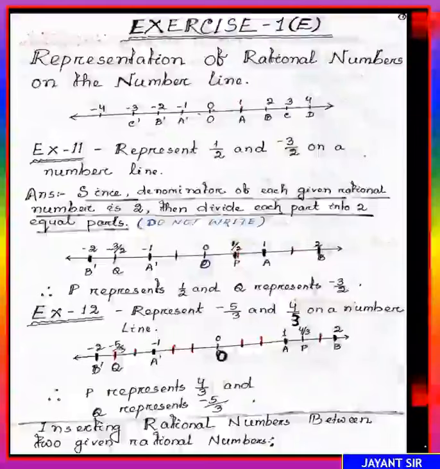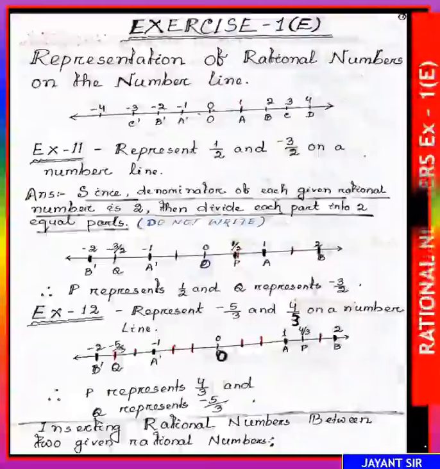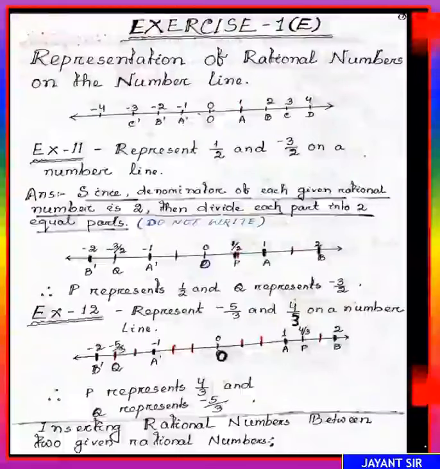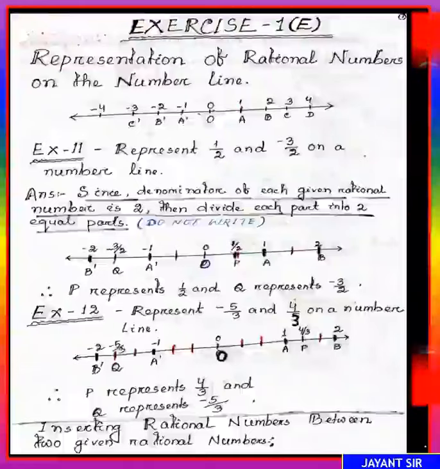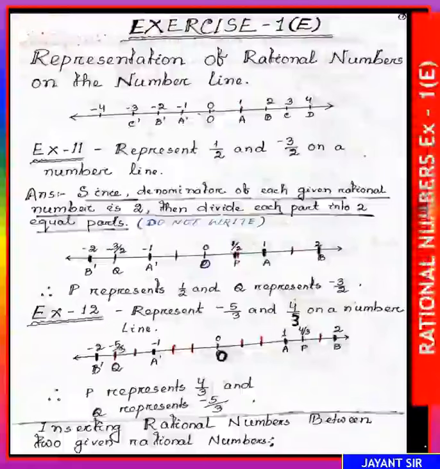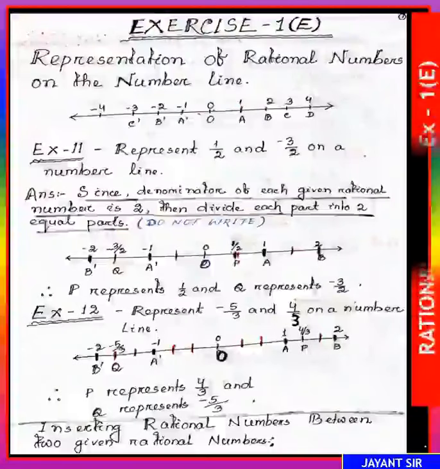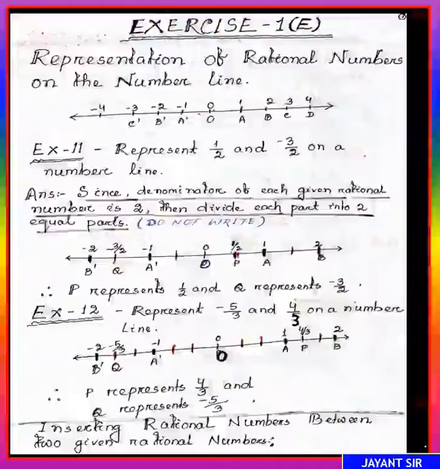So children, it is right, but how do we get that mathematically? You do 5 plus 7 divided by 2. 5 plus 7 is 12, divided by 2, that comes to 6. Like that, all the in-between numbers you can get by adding and then making it half.